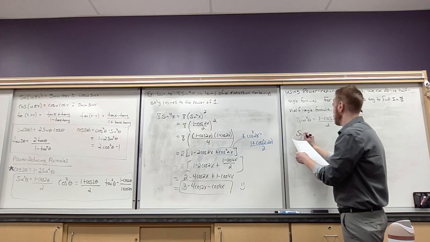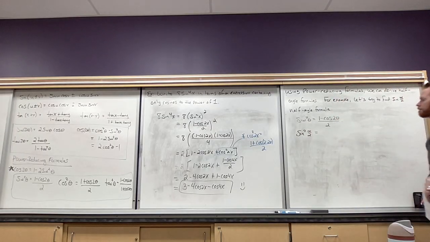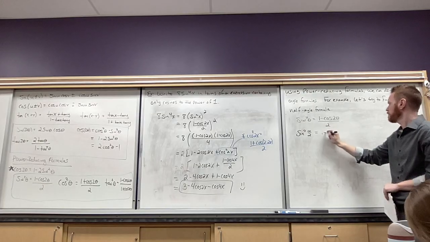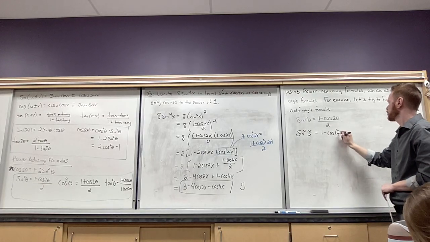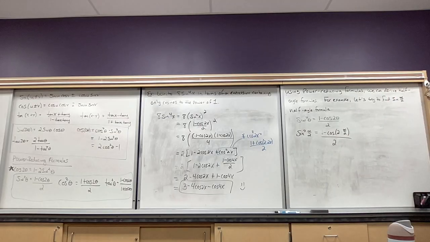So it's going to be sine squared of alpha over 2. And this is going to be 1 minus cosine of 2 times alpha over 2. So again, I'm just taking theta out, swapping out for the value that I want, which is just half of alpha.